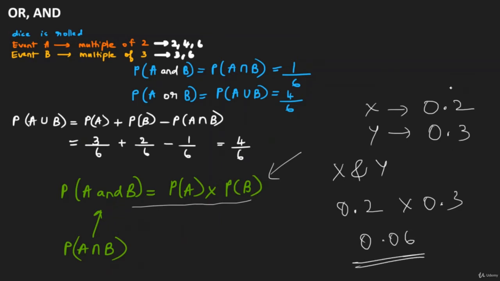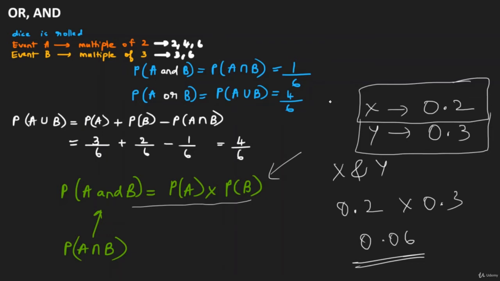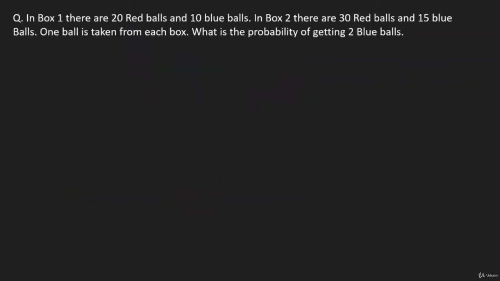In this case also, you can note that X hitting the target and Y hitting the target are totally independent of each other. That is, if X hits the target or does not hit the target, it does not in any way affect Y hitting the target or not hitting the target.